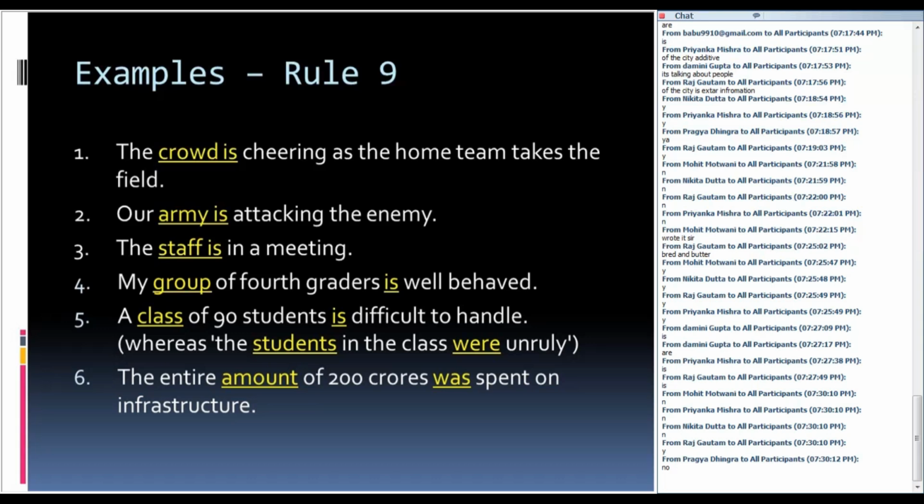But now again, there's some complication here. Even though collective nouns are singular, sometimes when we use collective nouns, we don't want to discuss the group as a whole. We want to discuss individual members of this group.